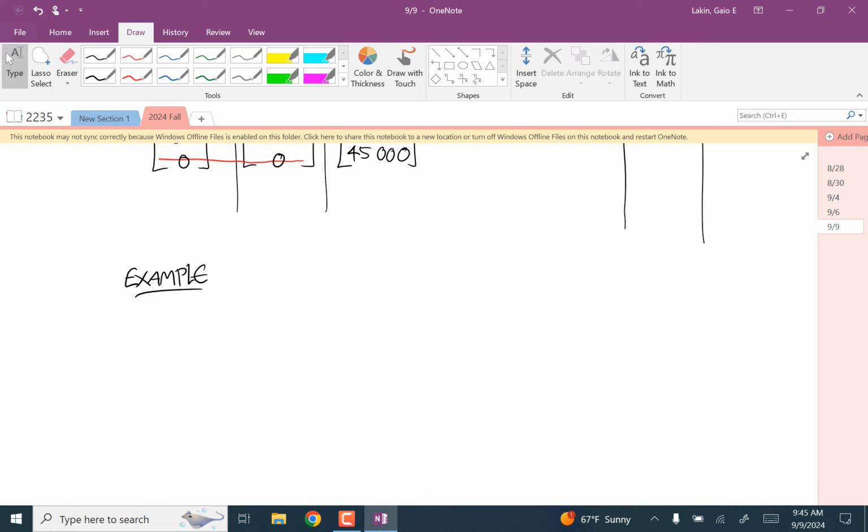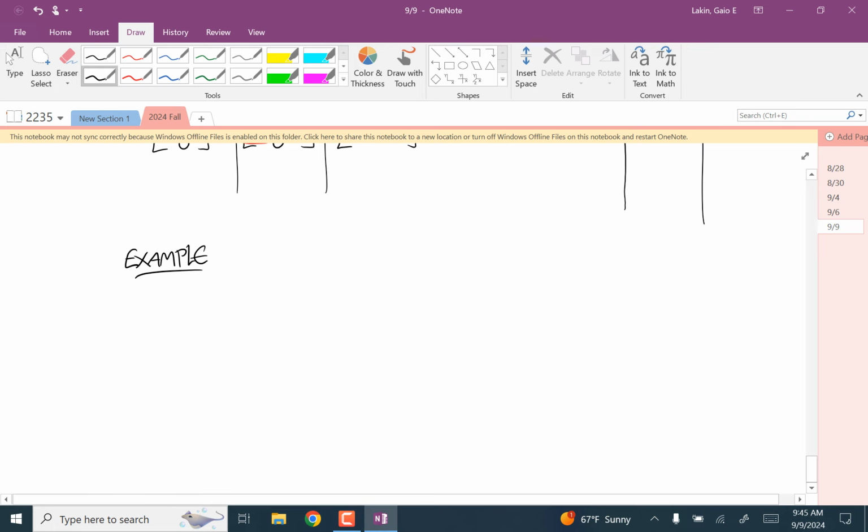Okay, so let's do a 3D one. Let's say we have a plate, and you can imagine it connected to the wall by hinges.